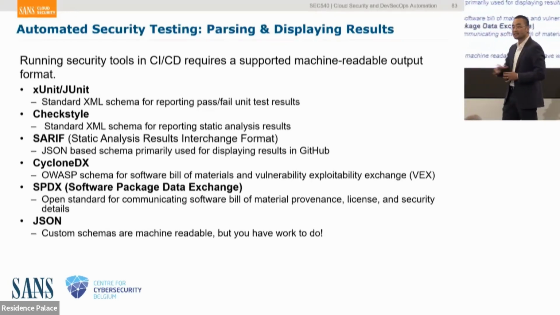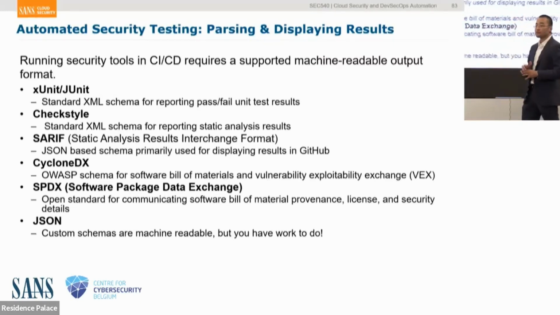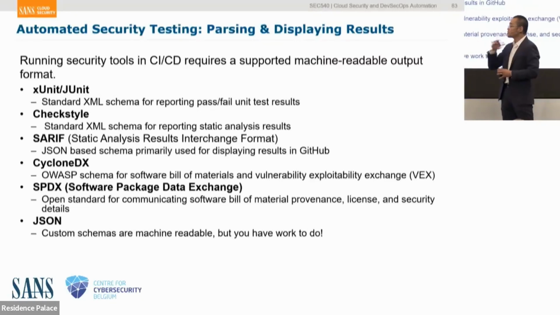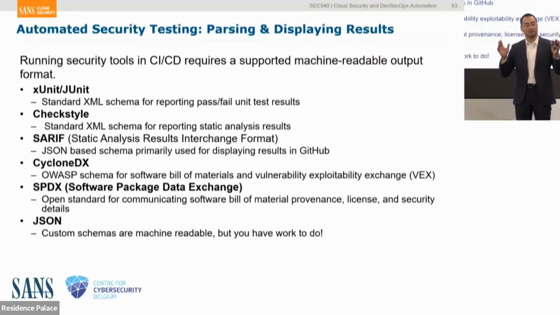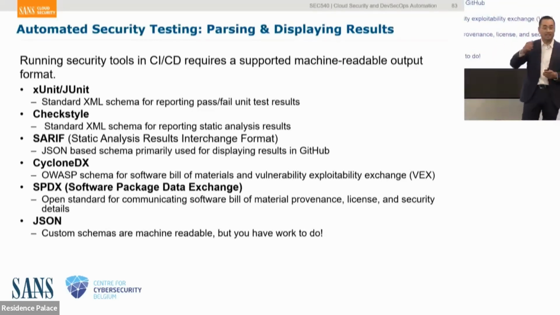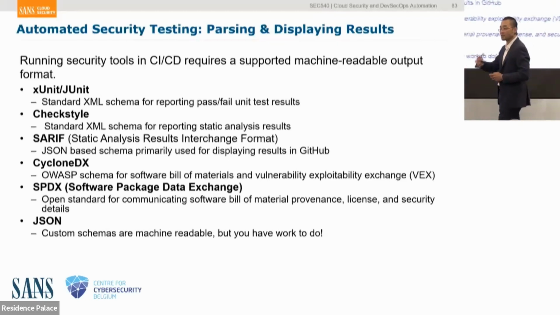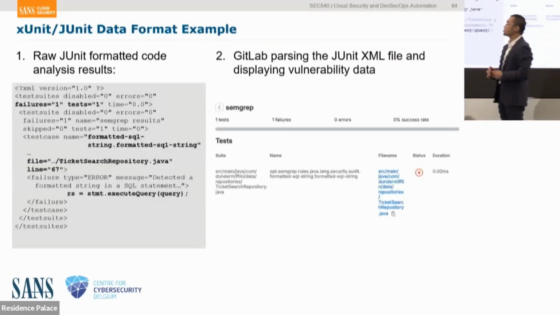Checkstyle, SARIF, is becoming more and more popular based on a JSON syntax, right? And there are others from a supply chain software bill of materials perspective like CycloneDX and so on. The main thing is to make sure that your tools use one or more of these common reporting formats so that then your engineers can automate the processing of those various results.